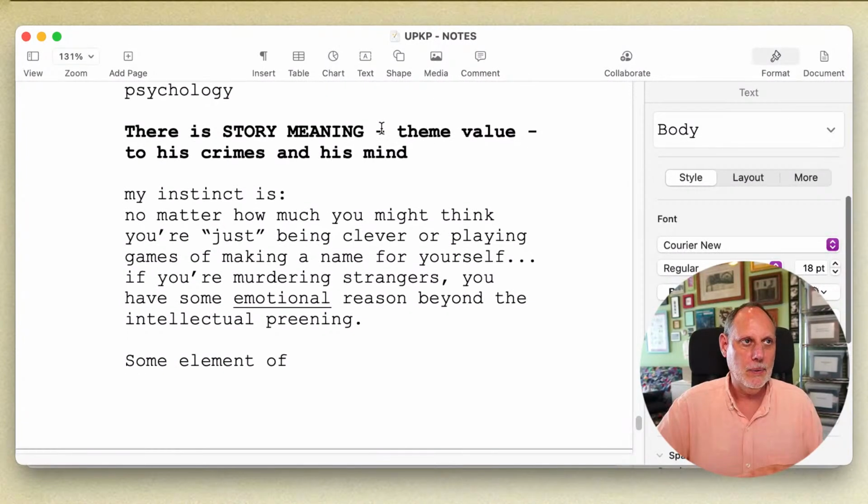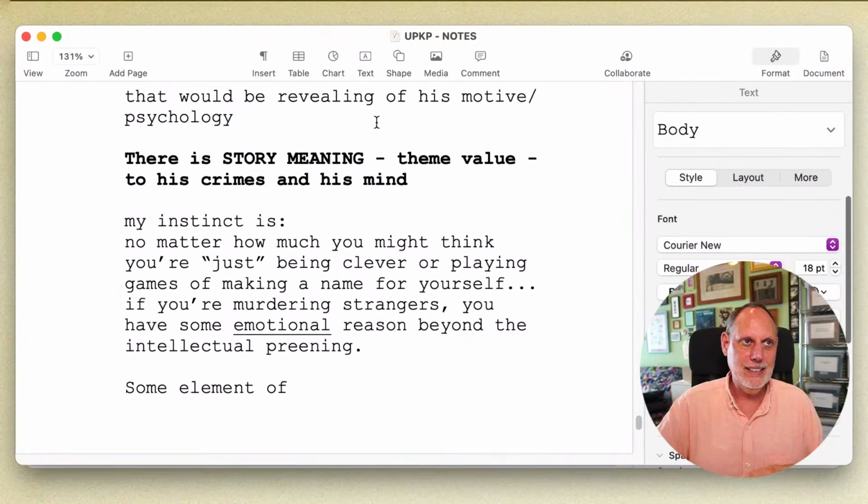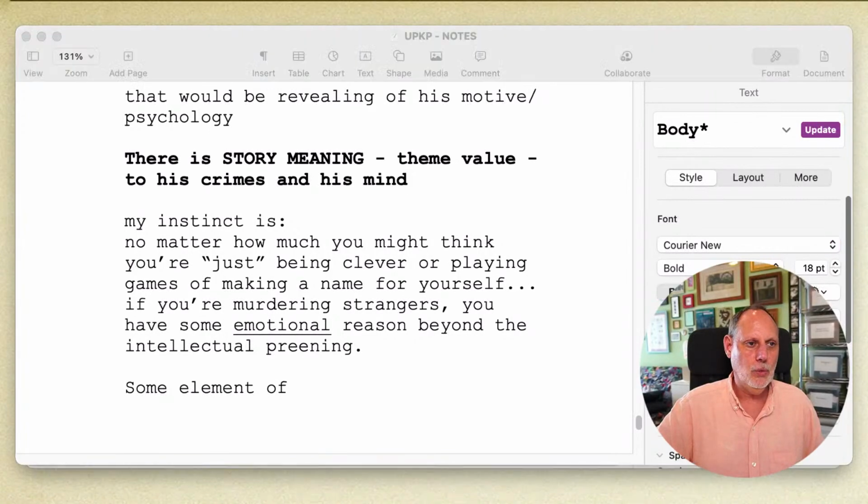And this gets to the whole question of what am I saying by having this character? It's very easy when you're writing to latch on to a cliche, especially a genre cliche.